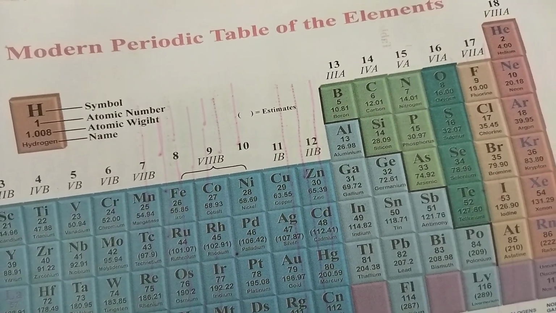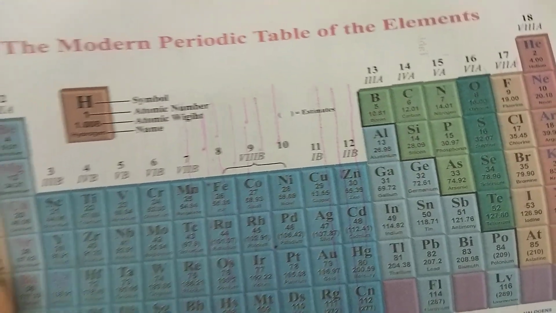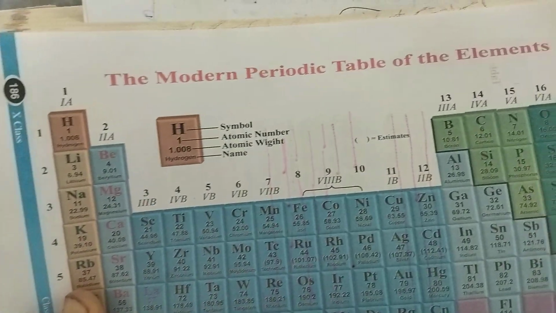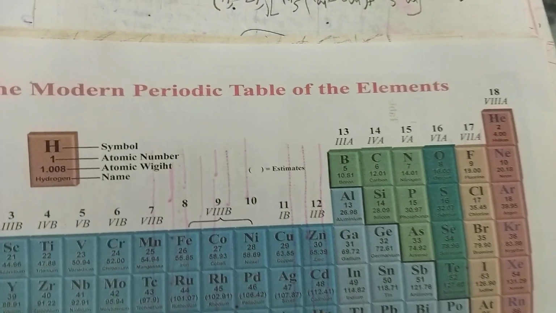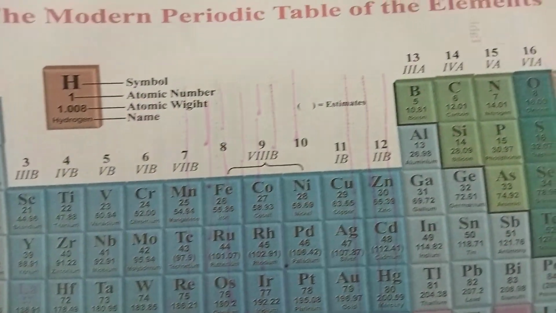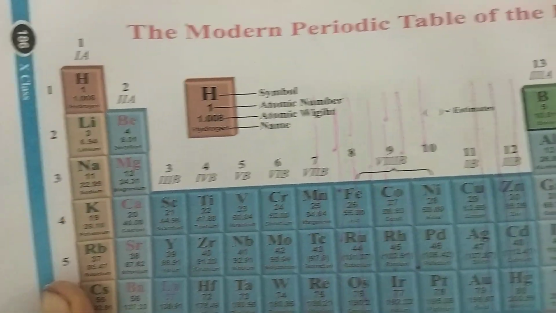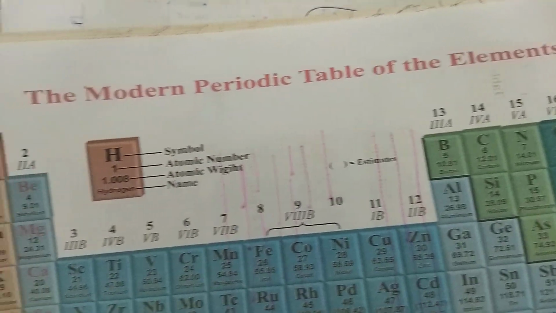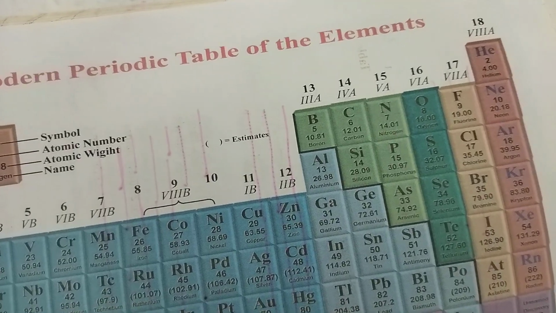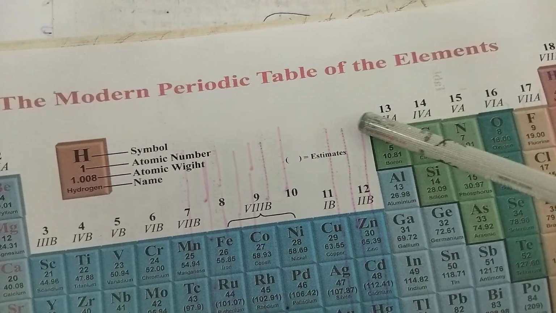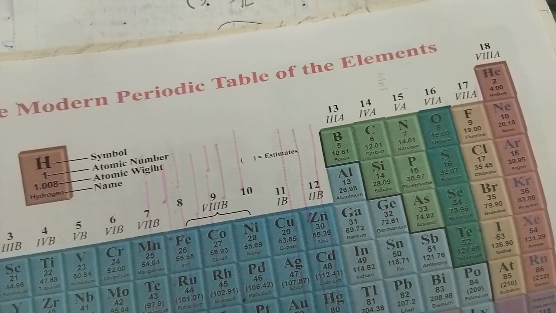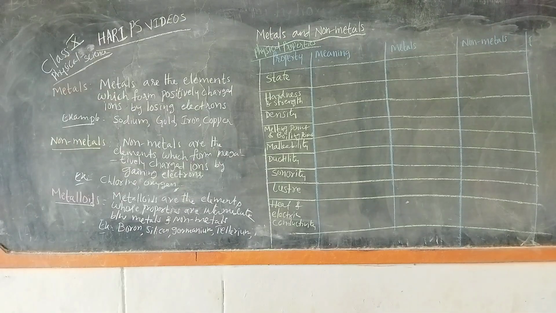Their properties are intermediate to metals and non-metals. Groups 13, 14, 15 and 16 are there, and in them you can observe a thick black line in the periodic table. Those elements are the metalloids.